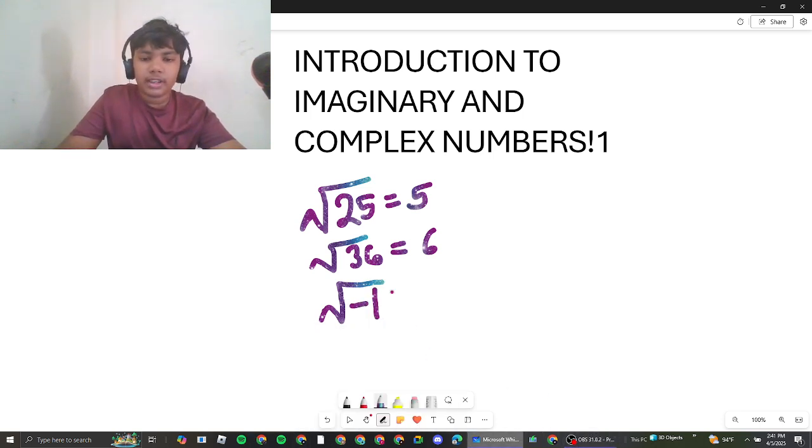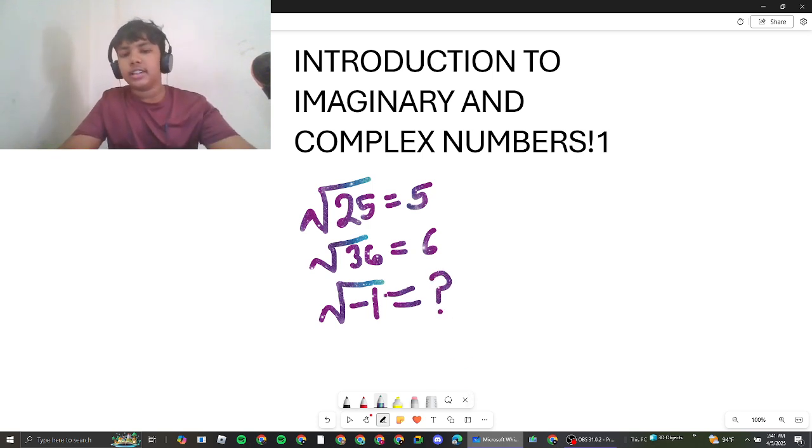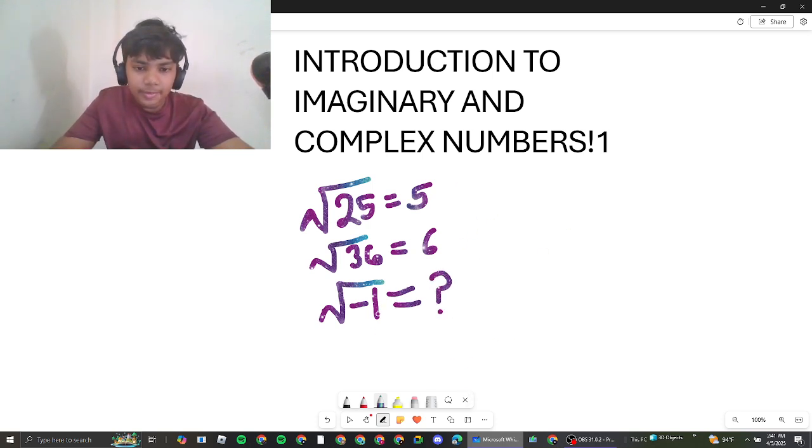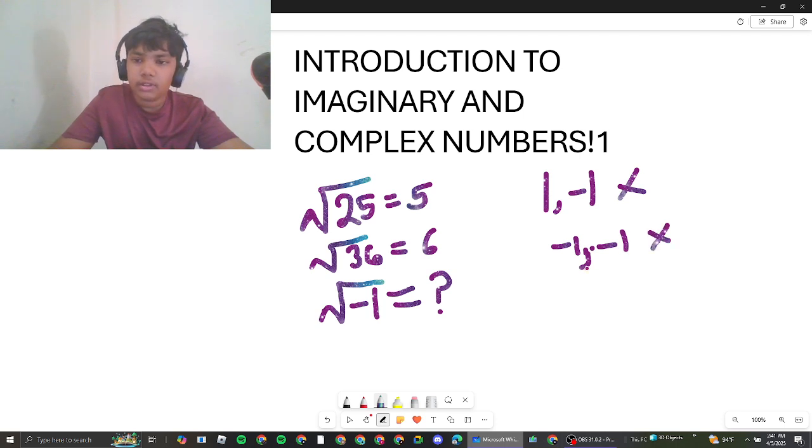What is the square root of negative 1? Let's think. Do we have two numbers that multiply to get negative 1? Let's see, 1 and negative 1. No, but they're not equal. Negative 1 and negative 1, no, that gives 1.